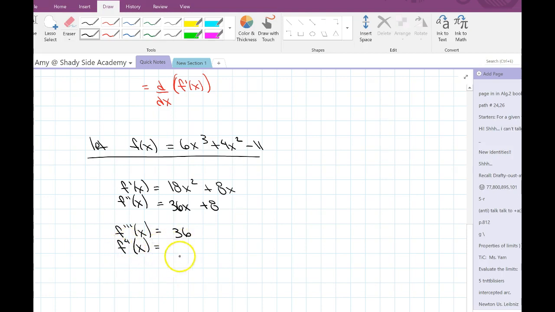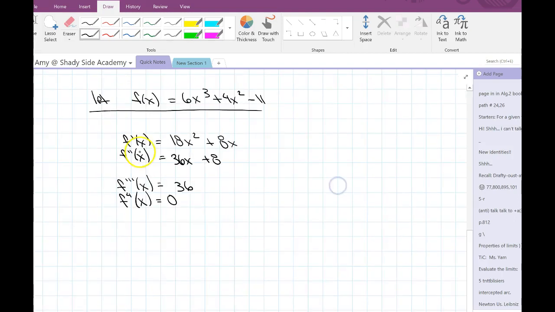Here, the fourth derivative of f is equal to 0. What's interesting is, if you take successive derivatives, once you hit 0, guess what happens, everyone? Every successive derivative is naturally going to be 0. You understand?